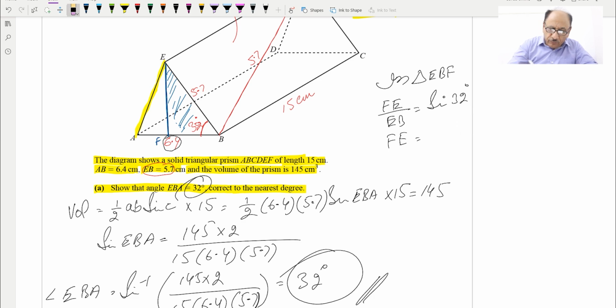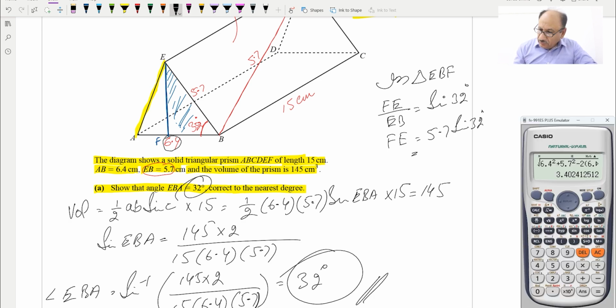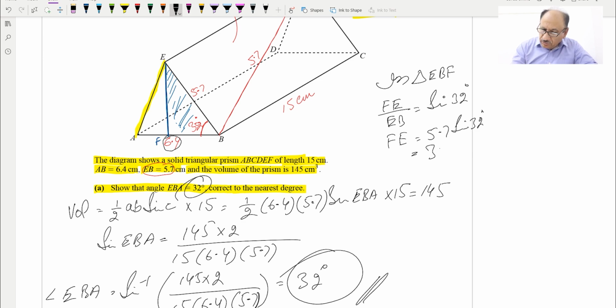So FE is equal to 5.7 sine of 32 degrees, and this is equal to 3.02. We can shift this to the proper location.